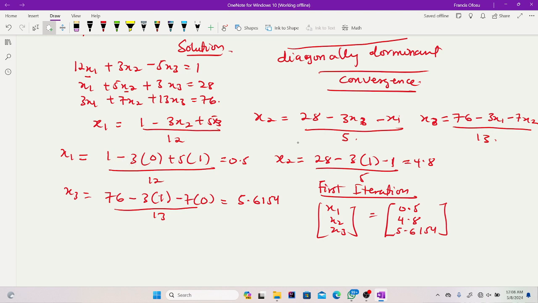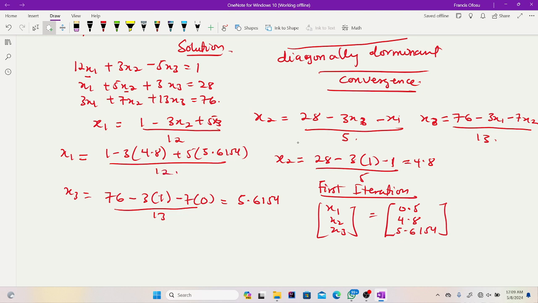So for x1, I'll have 1 minus 3 times x2. Let me clean my entries, then find the new x1 value using the first iterant value. So for x1, I'll have 1 minus 3 open bracket x2, which here is 4.8, plus 5 multiplying x3, which here is 5.6154, all over 12.